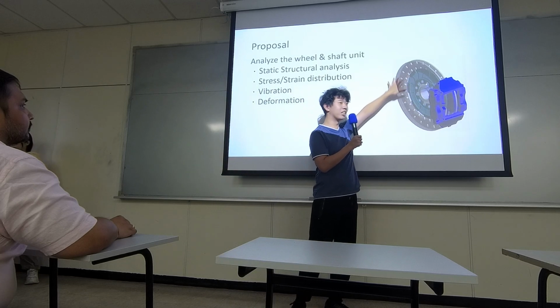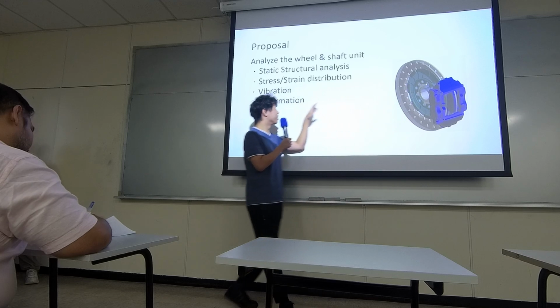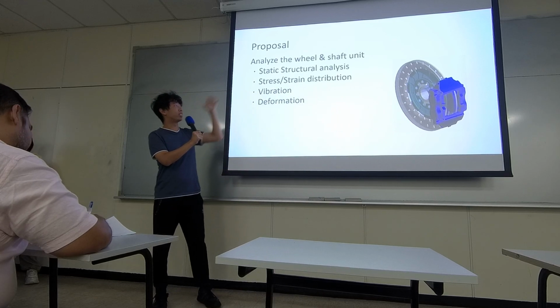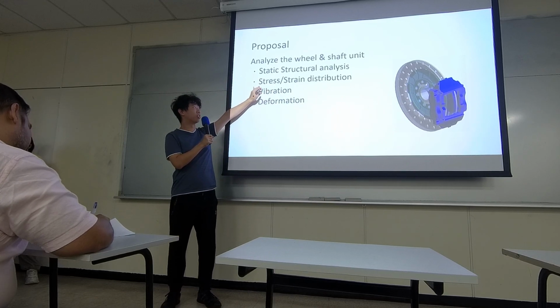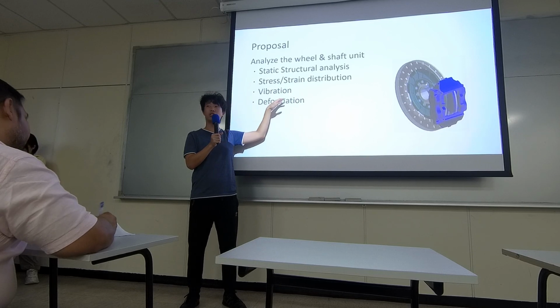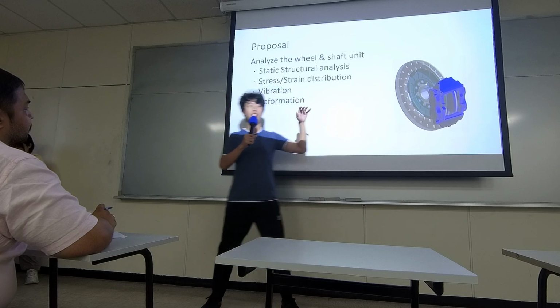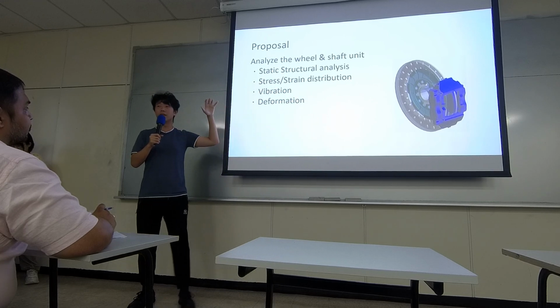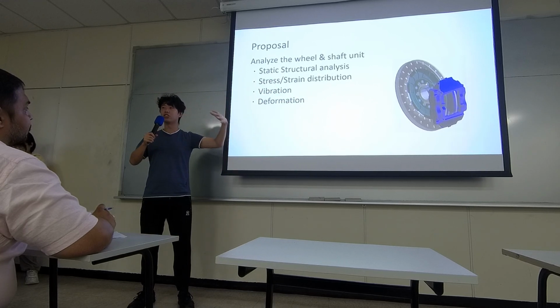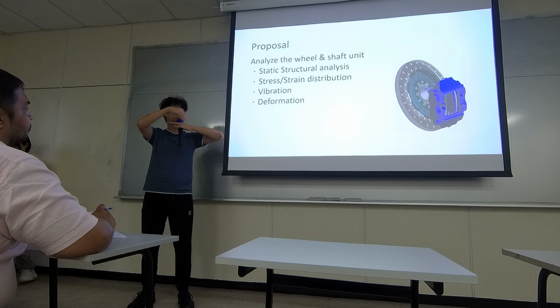This is just like a demonstration, like a graph or something. We want to know about the static structure analysis and also the stress and strain distribution, and what the vibration and deformation will do to the shaft. Because the whole robot arm unit, the base plate unit, and the control unit are going to be very, very heavy, it's going to act with a lot of force on the shaft unit.